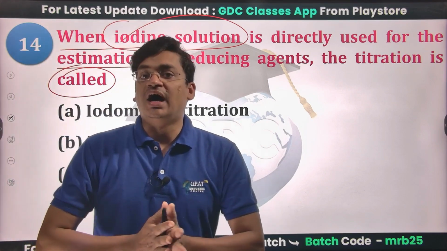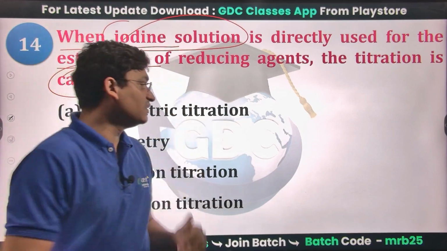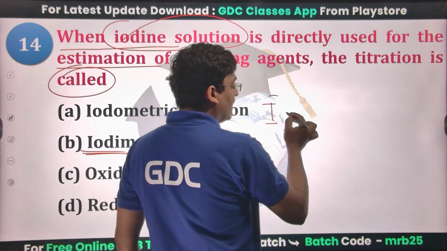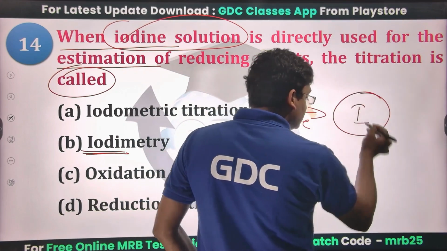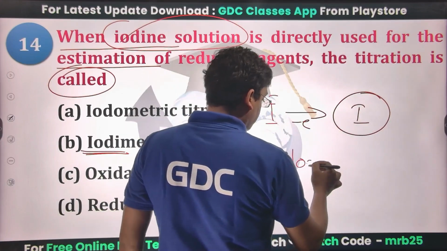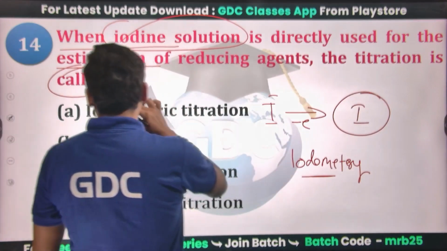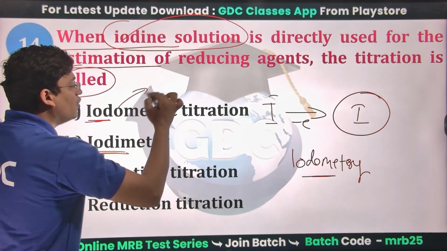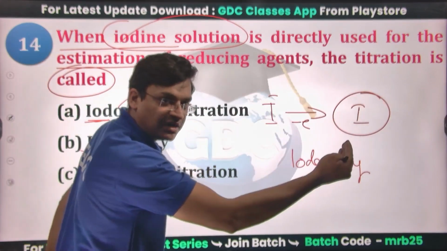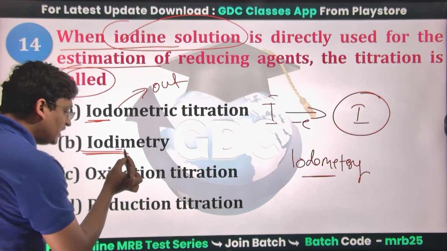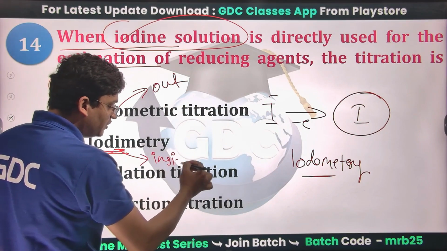But when we use some of the solutions to produce that iodine, when we have iodide ions and we remove the electrons to produce iodine, this is known as iodometry. In iodometry, iodine comes out of that particular reaction, while in iodimetry, iodine is put inside.